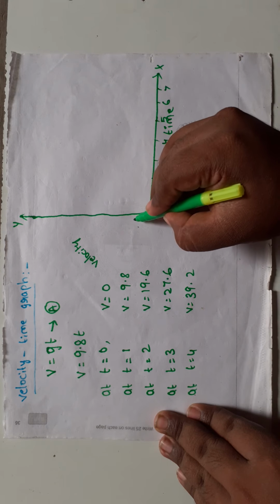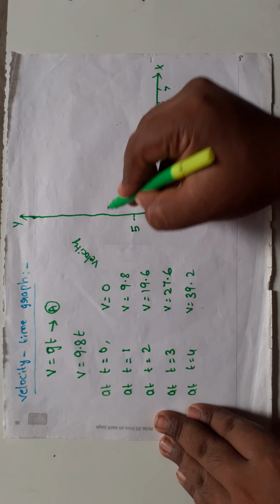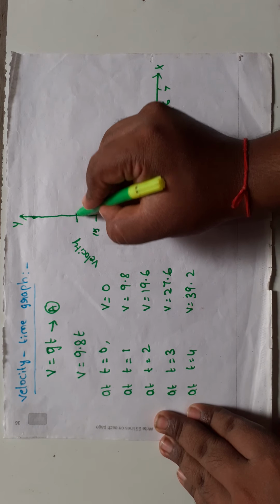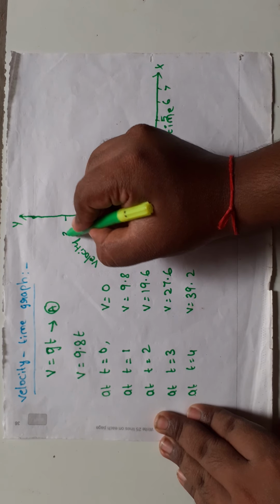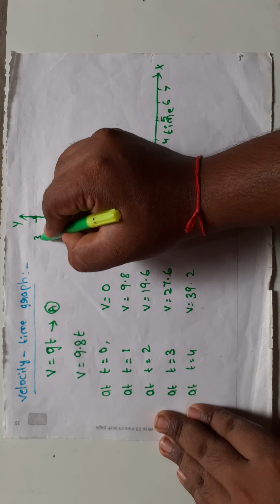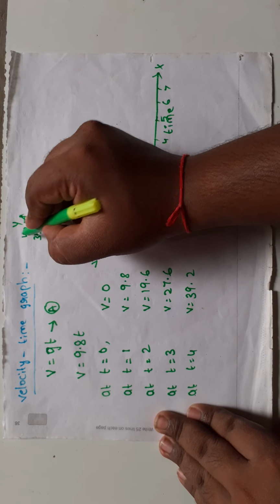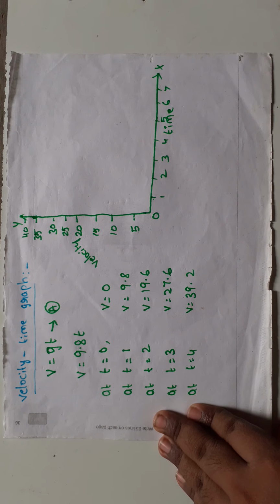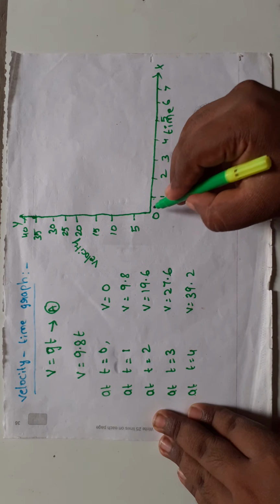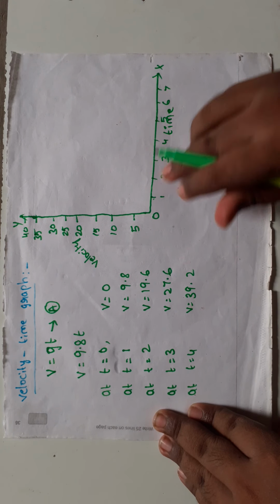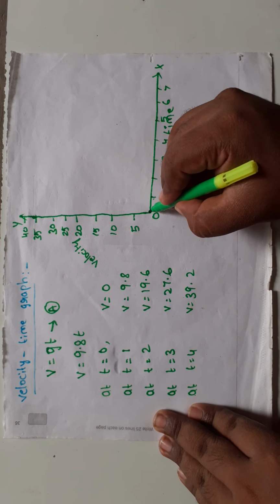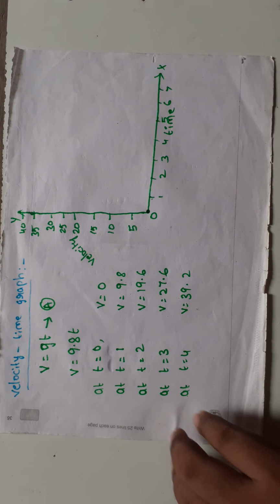Along the y-axis values 5, 10, 15, 20, 25, 30, 35, 40. So at time t equal to 0, velocity is equal to 0. So the point is here.